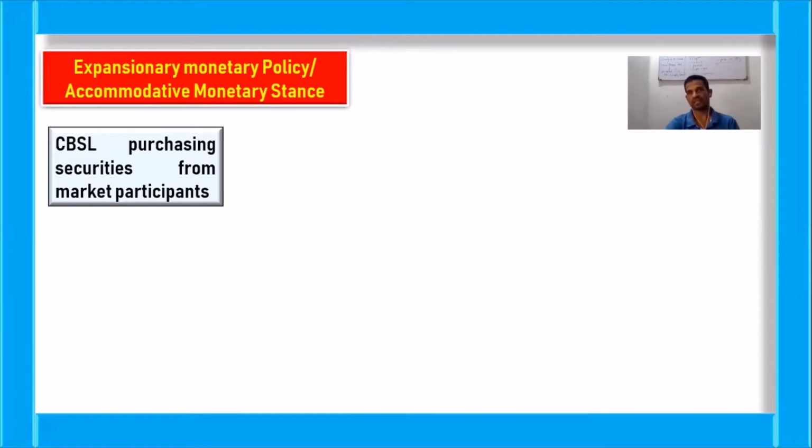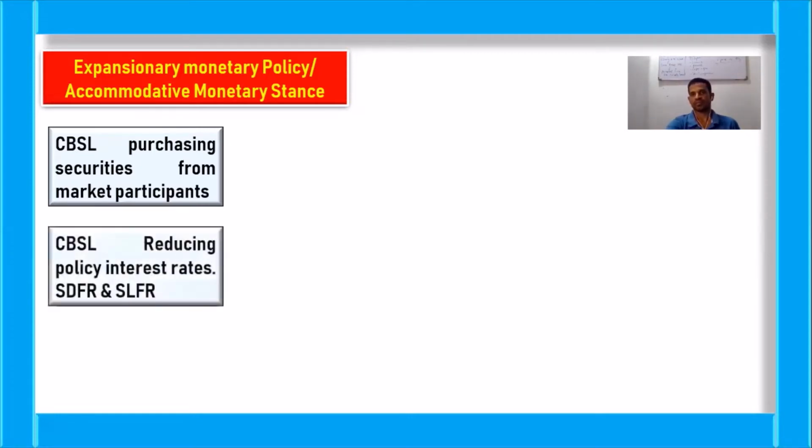Then the other one is, actually, these things happen at the same time. We learn them separately, but they all happen at the same time. So the other method is, as I said, reducing the policy interest rates. Policy interest rates are the interest rates adopted by the central bank, right?